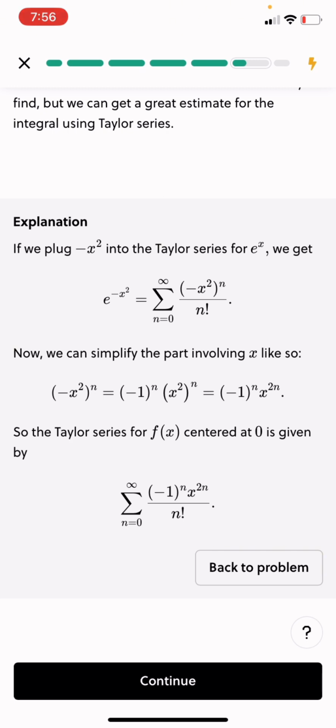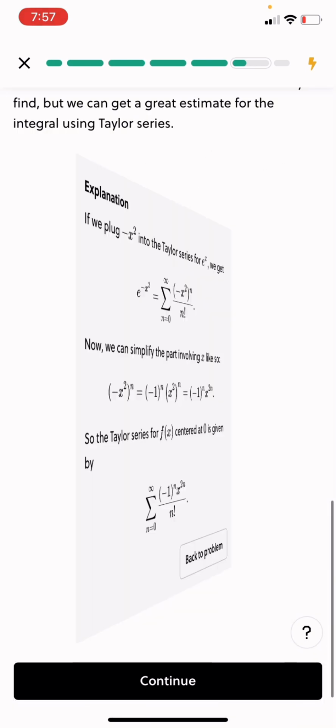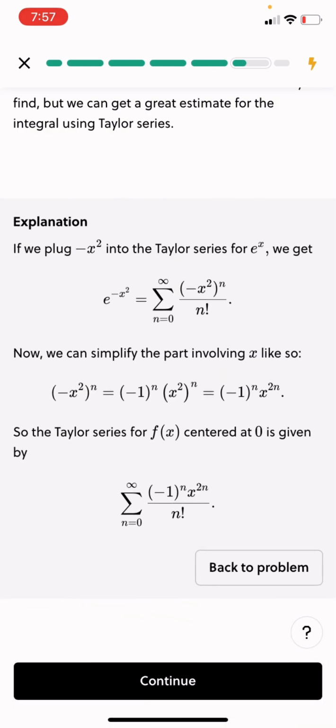So the Taylor series for f(x) centered at 0 is given by this equation, which was the answer. So we basically just need to simplify it down, and we get the answer. Yeah, we can see the third one would equal the same thing.